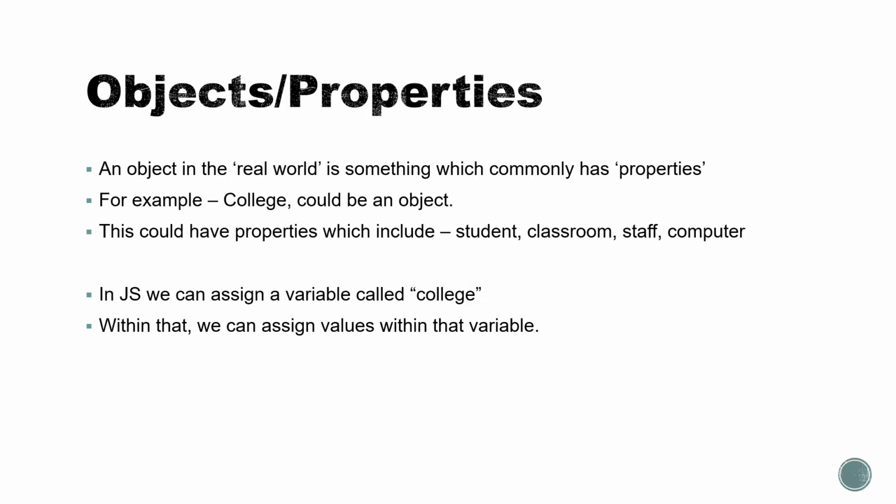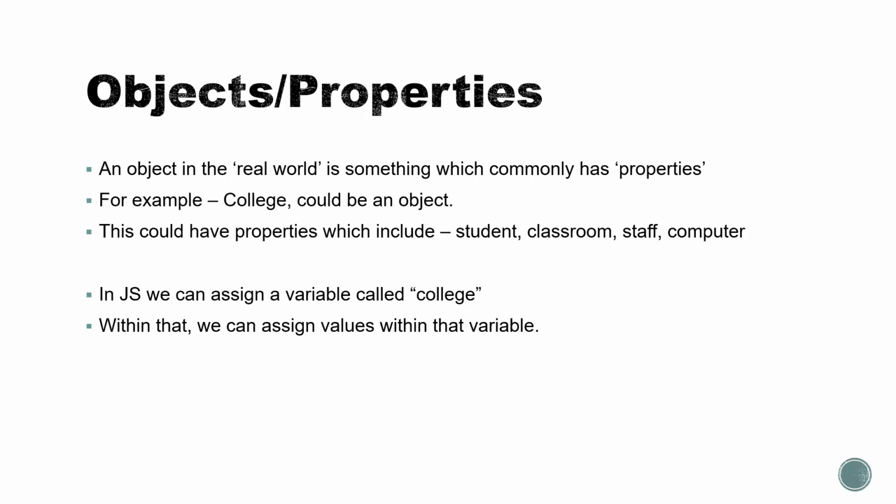On the slides here I have the college as an example. You could have a car as an example. You could have a computer as an example. You could have a piece of clothing as an example. And they could individually be objects.